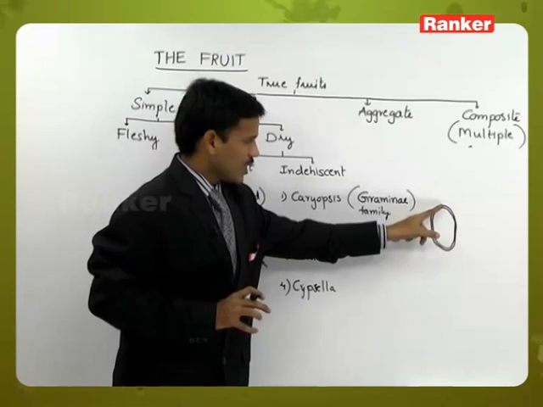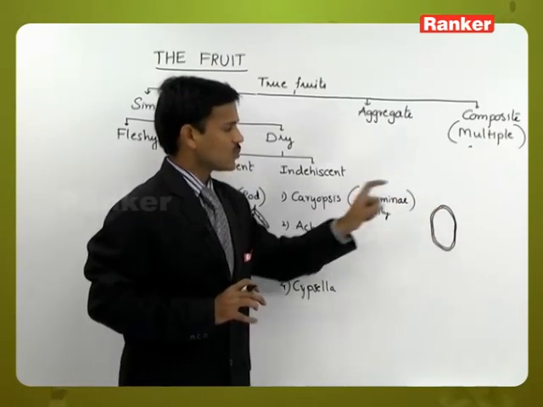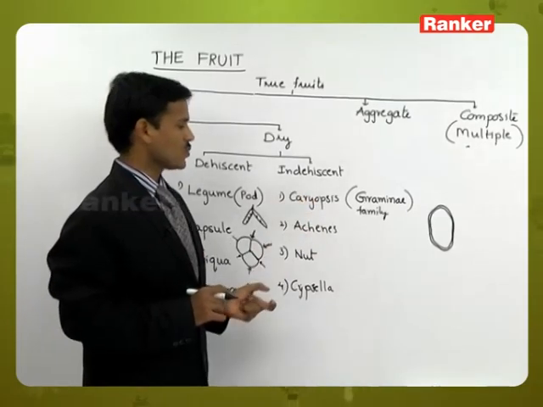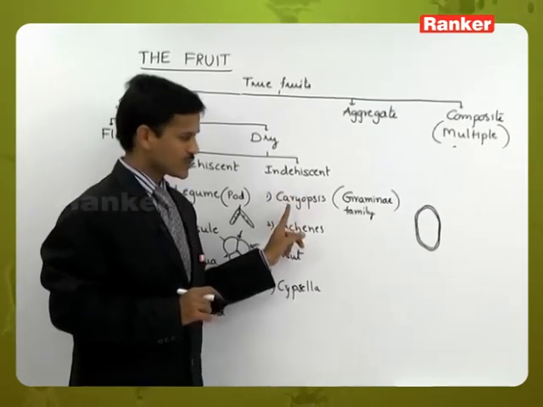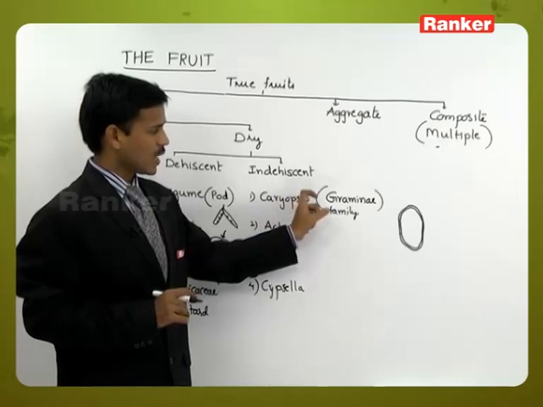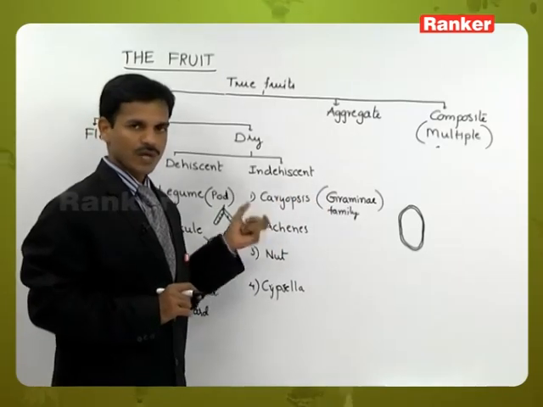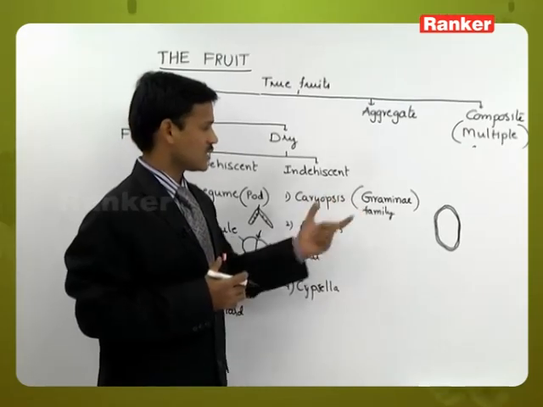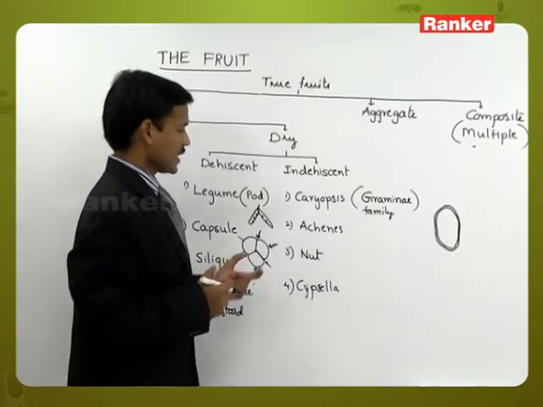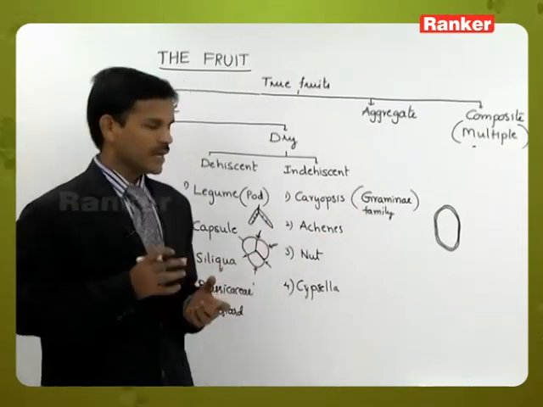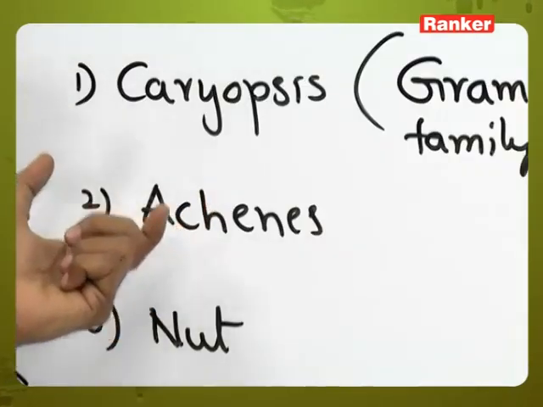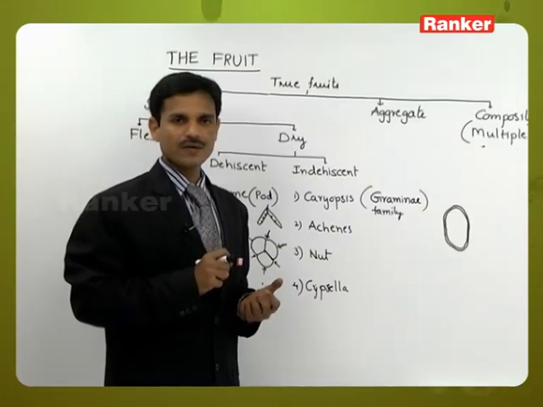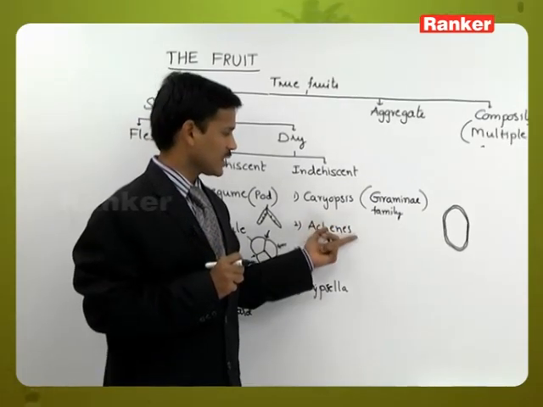So this type of caryopsis fruit is observed in graminae family members such as oryza, wheat, maize, oats. Next achenes. In achenes the fruit wall and seed coat are not fused completely, so incompletely fused.